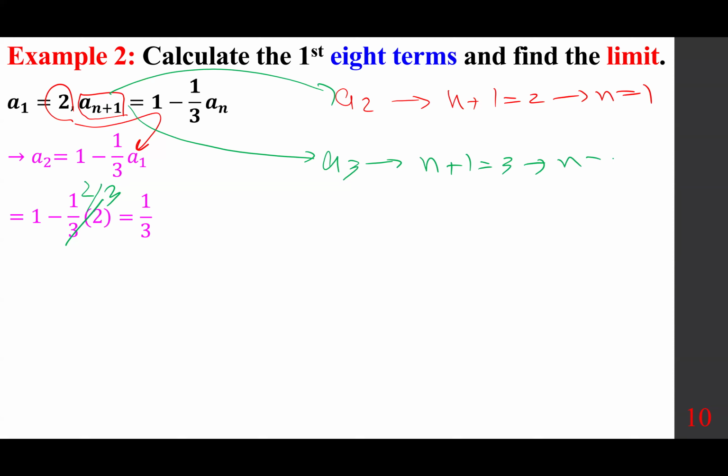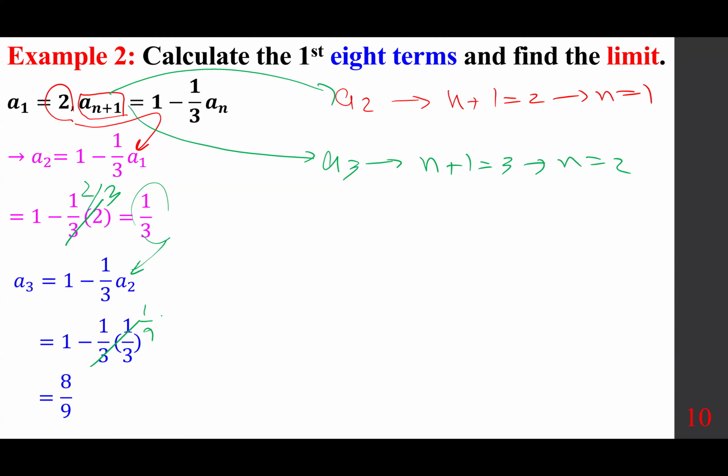That means n must be 2. So a sub 3 is 1 minus 1/3 a sub 2. If I plug in 1/3 in here, I get 1/3 times 1/3, which is 1 over 9. 1 minus that is 8 over 9.